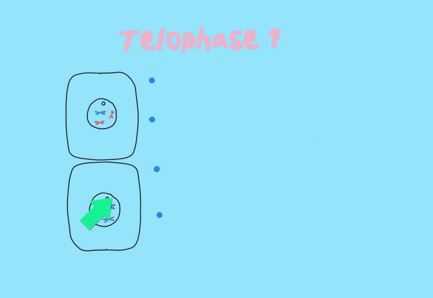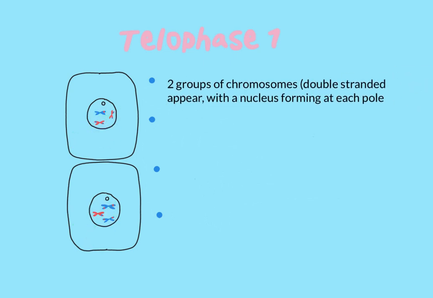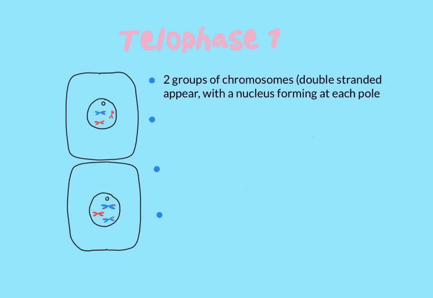But you have these 2 groups of chromosomes that form at each pole. 1, 2, 3 chromosomes, 1, 2, 3. And these chromosomes are still double-stranded, which is really important for identifying telophase I. In telophase I, the chromosomes are double-stranded. In telophase II, you'll see it in the next video, the chromosomes are single-stranded.